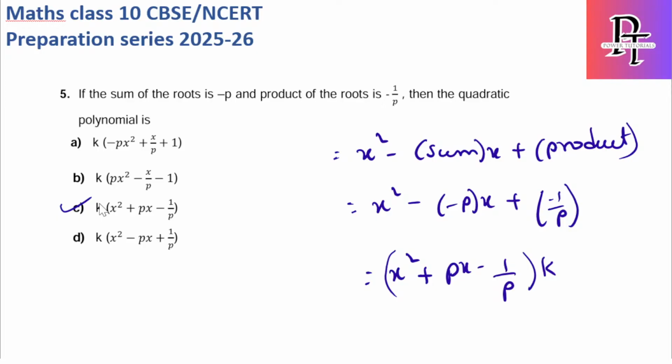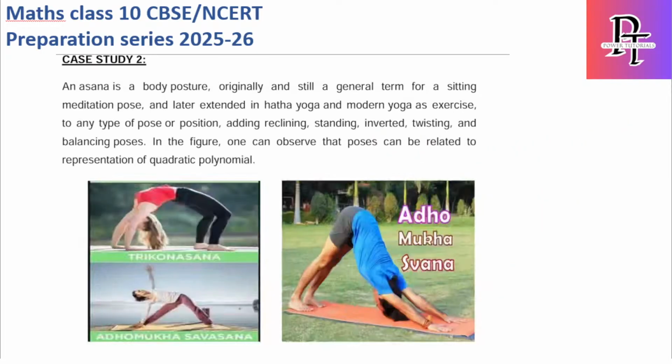Okay, let's move to the second case study and solve those questions. The second case study says an asana is a body posture, originally and still a general term for sitting meditation pose, and later extended in hatha yoga and modern yoga as exercise to any type of pose or position, including reclining, standing, inverted, twisting or balancing poses.